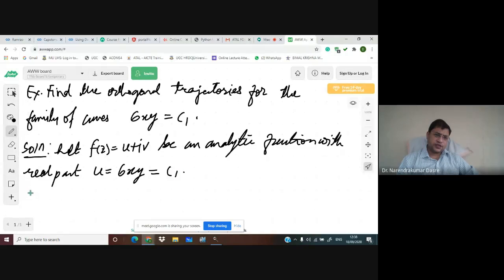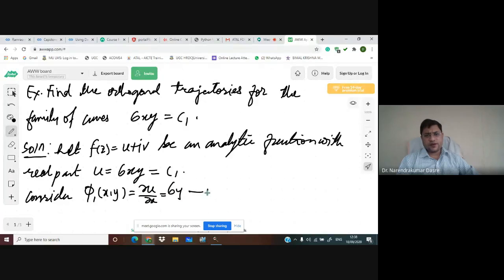Okay. So the second step, what we have is, consider the first order derivative. So what we have is phi1 of xy is equal to du by dx. So it is 6y.